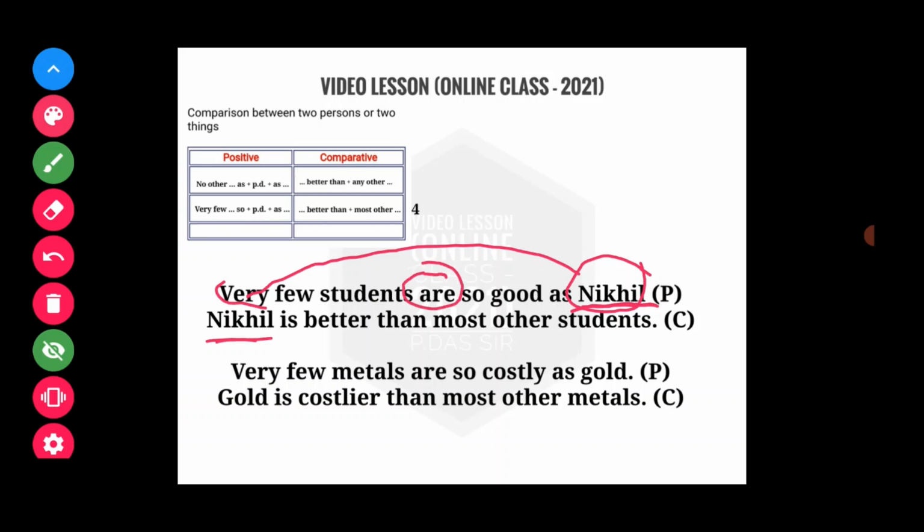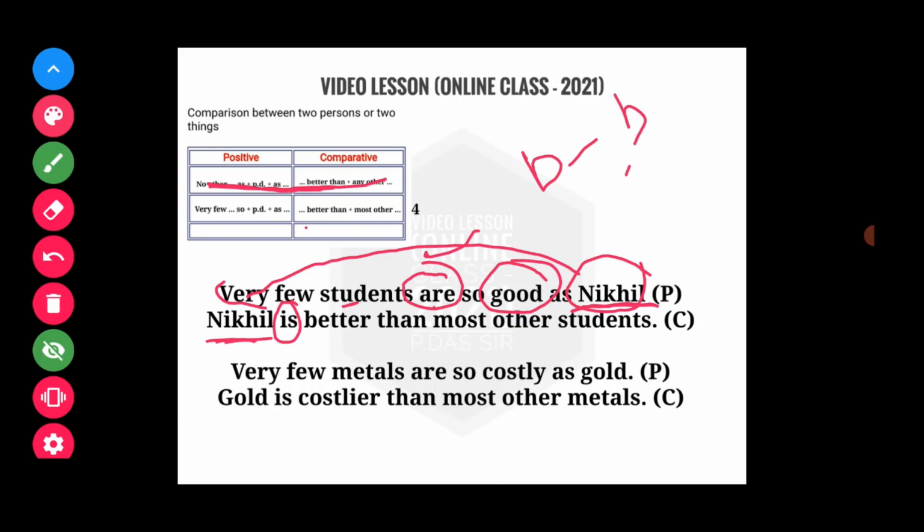The verb we are using, here since it was students we had are, but here Nikhil is singular, so we cannot use are. We will have to use the singular form of the verb, Nikhil is. But the tense is the same, you see, tense cannot be changed. So Nikhil is, this formula we do not concentrate on. Better than most other, meaning CD than most other. Here it was good; take out the three forms, what will good become?